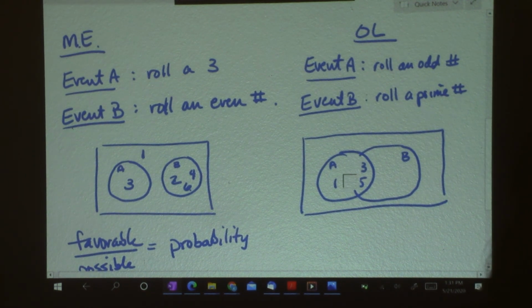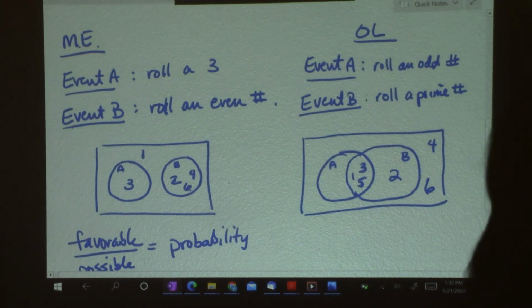Let's just put 1 in there for now. Okay? But also, we would have 2, because 2 is even, but it is also prime. And then what about the other numbers? Well, 4 and 6 are even, but they're not prime, and they're possible outcomes, they're just not what I want.